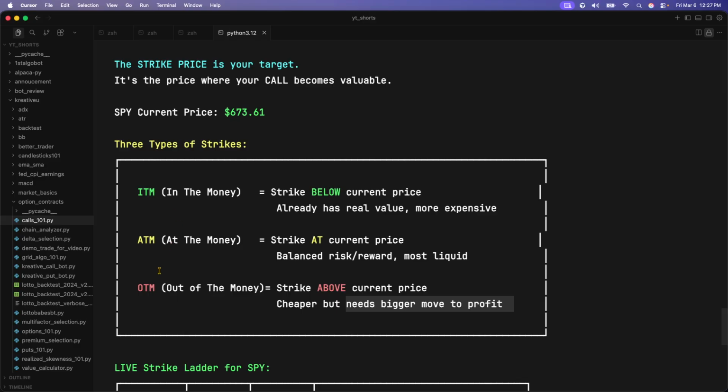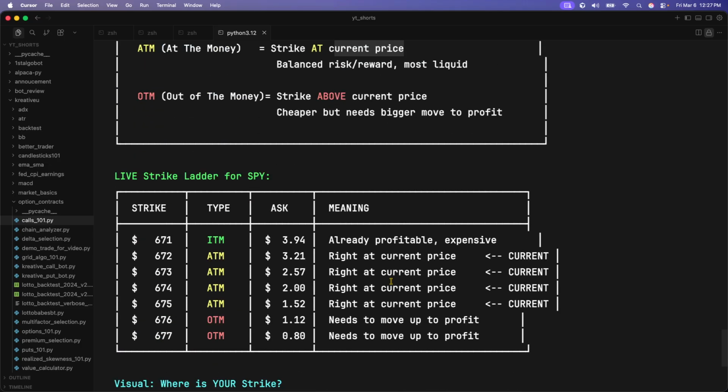When you hear ATM, this is when we're purchasing the option contract at the current price, right? So bet, I know what ATM is. Now, OTM is where we're purchasing the option contract above the current price. All right, bet. So we got OTM. So a live look at the strike ladder for SPY. And again, SPY is the S&P 500, the top 500 companies within the New York Stock Exchange.